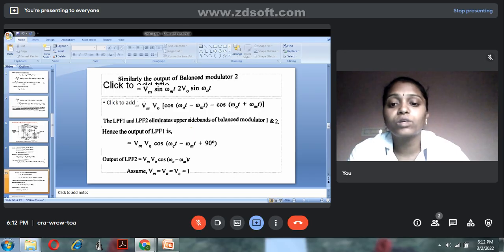From the BM1 output we eliminate the upper sideband. We have the lower sideband components present at LPF1. Same as the LPF2 output, we eliminate the upper sideband components of BM2. So then we have the equation Vm V0 cos omega ct minus omega mt, that is the lower sideband components present at LPF2. Then we can assume Vm equal to V0 equal to Vc equal to 1.